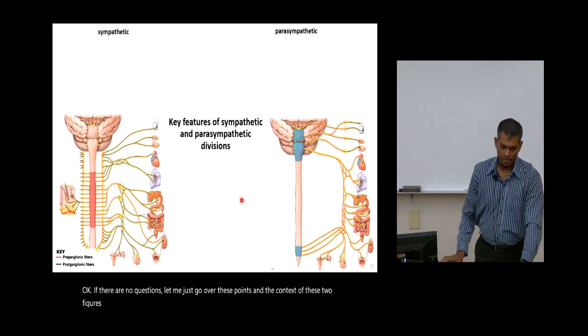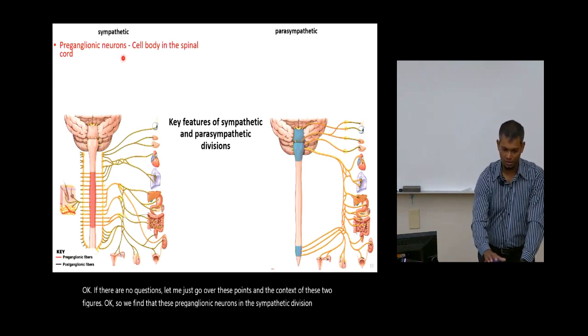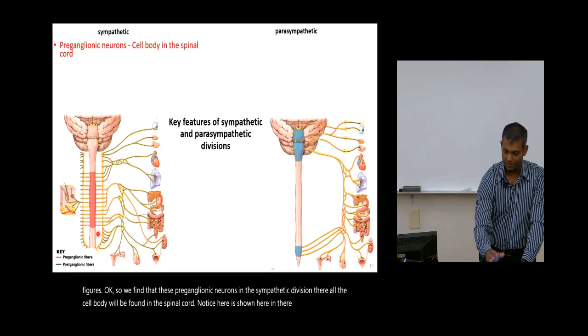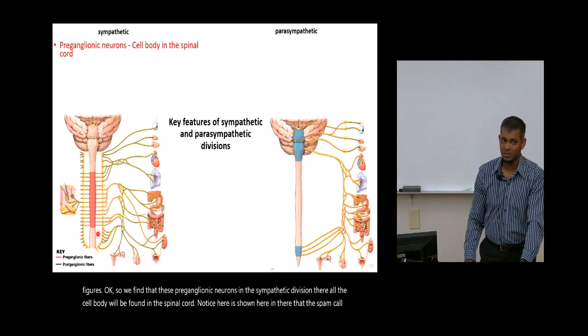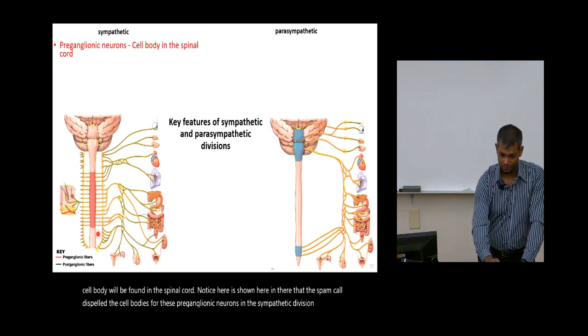So we find that for the preganglionic neurons in the sympathetic division, the cell body will be found in the spinal cord. Notice here it is shown in red that the spinal cord is where the cell bodies for these preganglionic neurons in the sympathetic division are found.